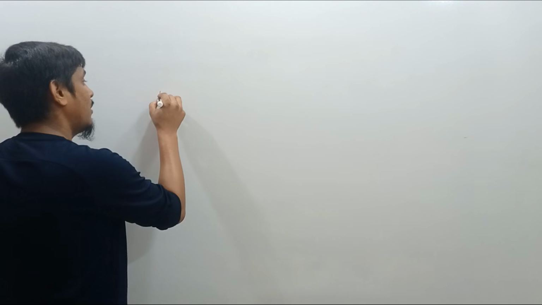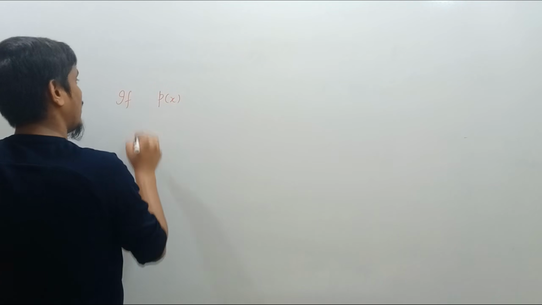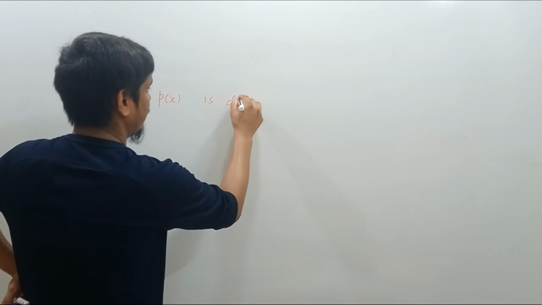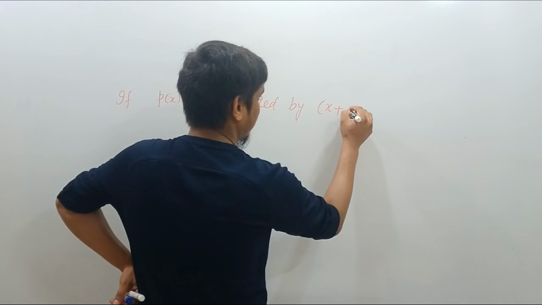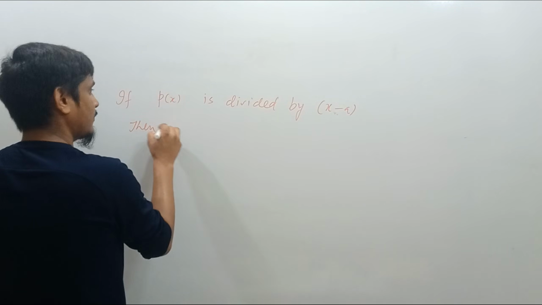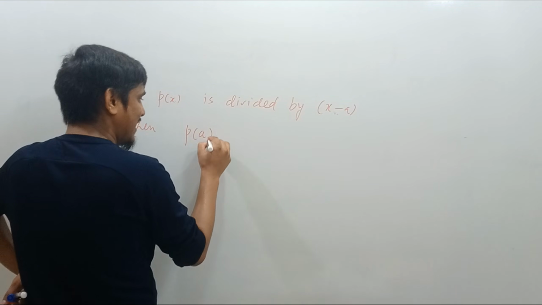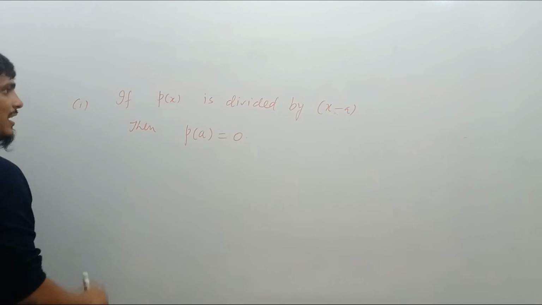That if a polynomial p(x) is divided by a factor x minus a, then the value of the polynomial at x equal to a will be 0. This is the first part of the factor theorem.